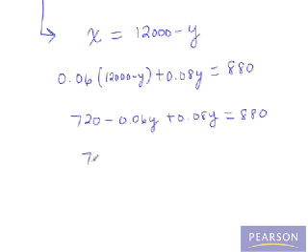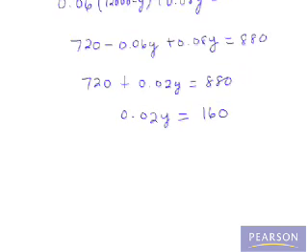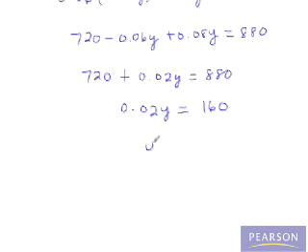Combining like terms, we have 720, negative 0.06y and a positive 0.08y is a positive 0.02y, and that is equal to 880. We'll subtract 720 from both sides, giving me 0.02y is equal to 160. And finally, we will divide both sides by 0.02, giving us y is equal to 8,000.